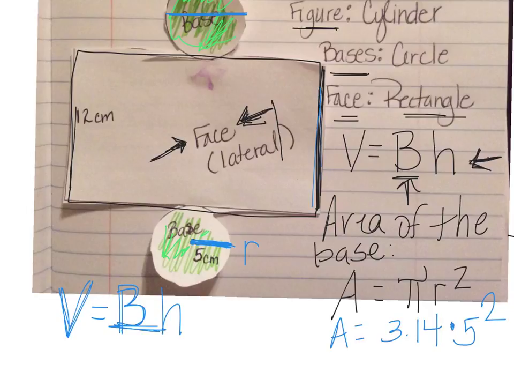The height, remember, in this case is the distance between the two bases, and if you notice right here, they give it to you, which is 12. So multiply the area of the base, the answer that you got over here, times 12. Once you have done that, push pause, let Miss Ricky or I check your work on your paper, and then you will be able to go on.